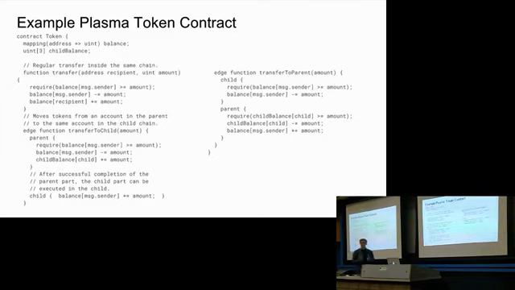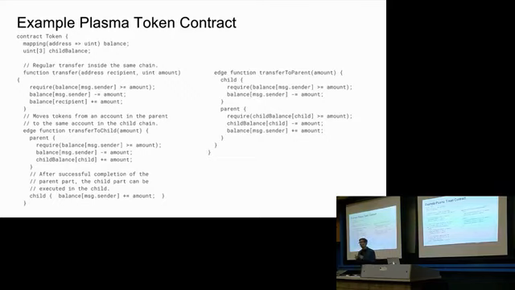The client will send exactly the same transaction that it sent to the parent to the child. And because the child blockchain knows that it is the relative child, it will skip this parent part, but instead it will verify that the parent part execution happened.